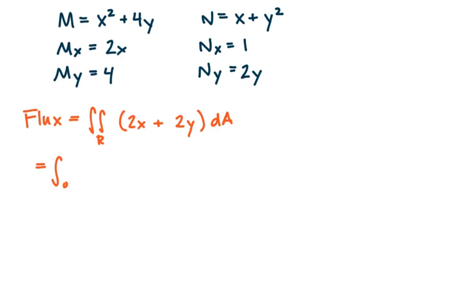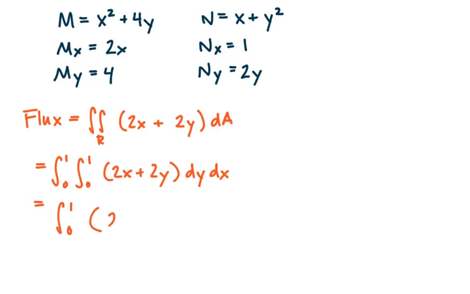Or rather, 0 to 1, 0 to 1, my bounds on x and y are the same. 2x plus 2y, so I will just define this dy dx. Working from the inside out, I have 0 to 1, that would be 2xy plus y squared from y equals 1 to y equals 0.